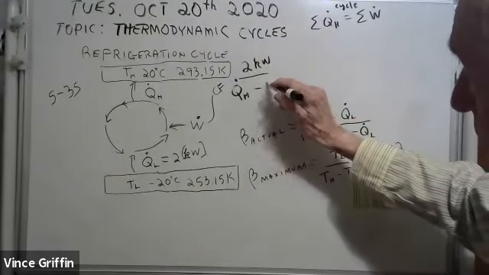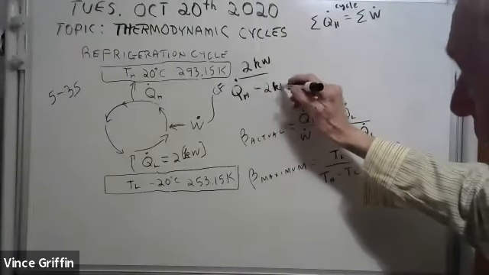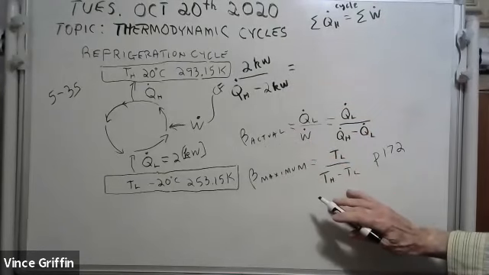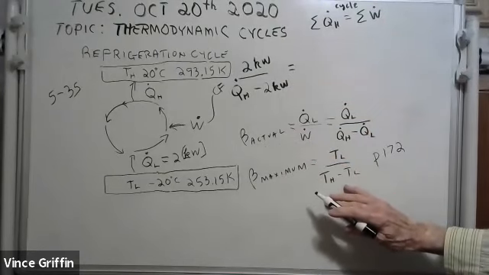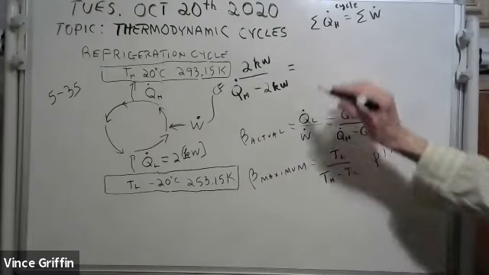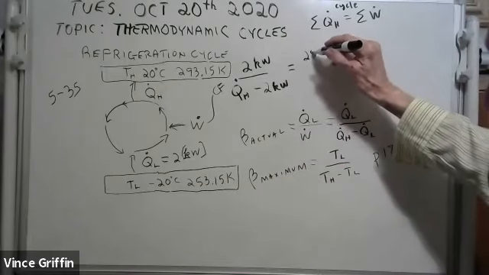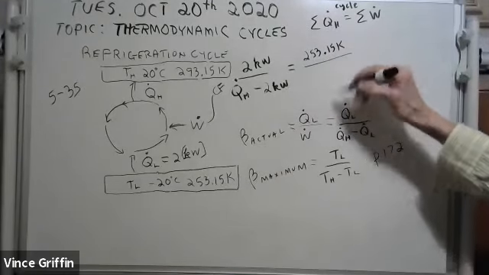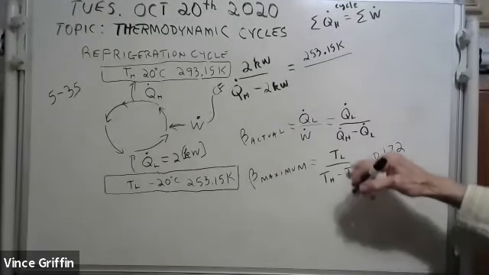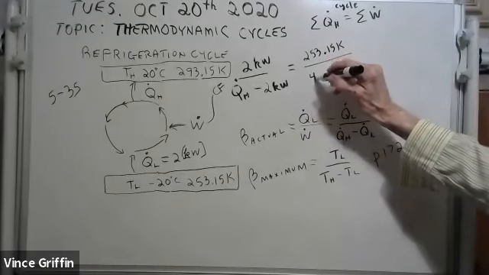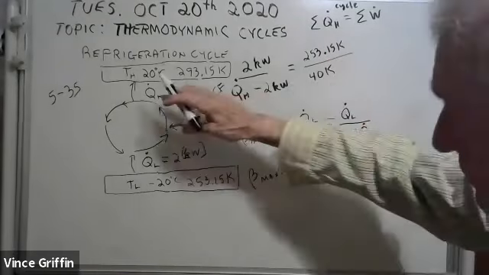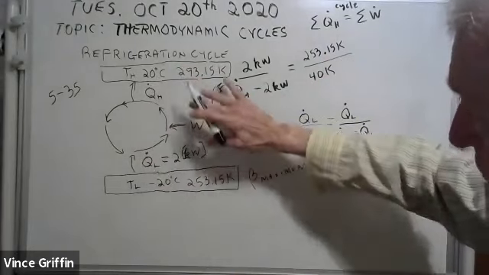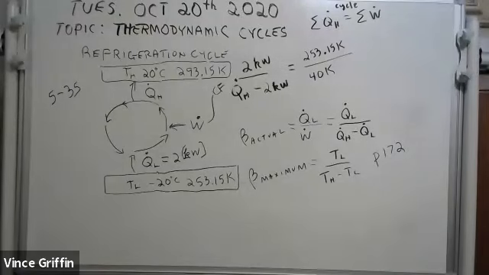We know it's 2 kilowatts. And see, we're going to set that equal to this. But see, we know what this is. This is 253.15 K. And then the difference is 40. The difference between these numbers, minus 20 and plus 20, is 40. Or you could subtract those and you could get 40 that way too.